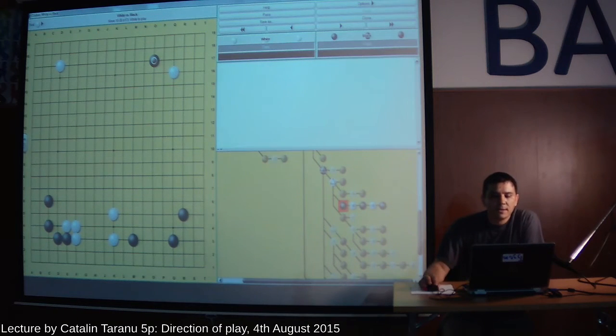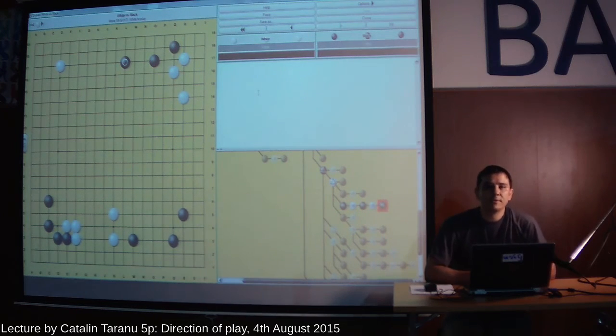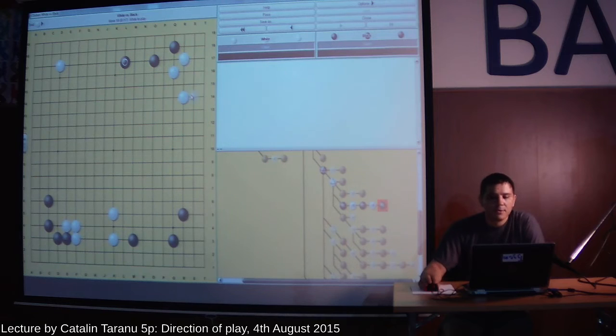So something like this. If white plays like this, this also looks interesting. In this fashion, black is preparing for a long game, something like a very quick end game, not so much fighting. But in the real game, we have this continuation.